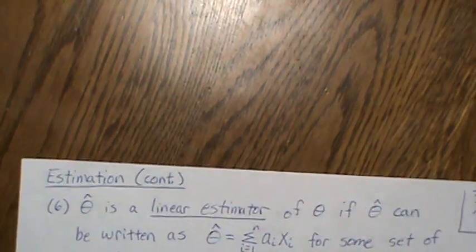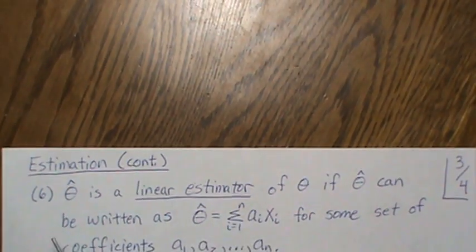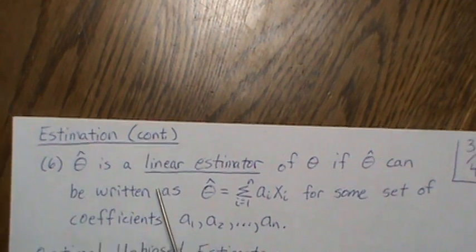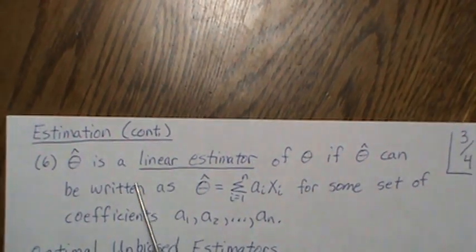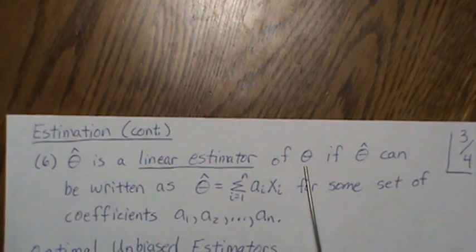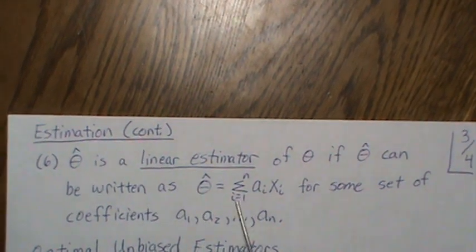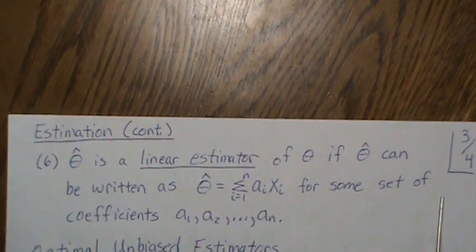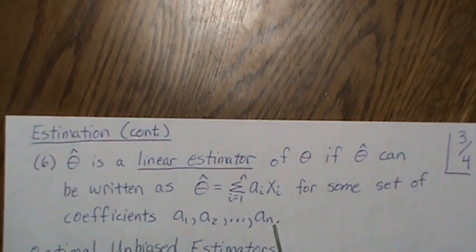Now number 6, we're still in the estimation mode. So theta hat is a linear estimator of theta if theta hat can be written as this linear combination of our data, for some set of coefficients a1 through an.